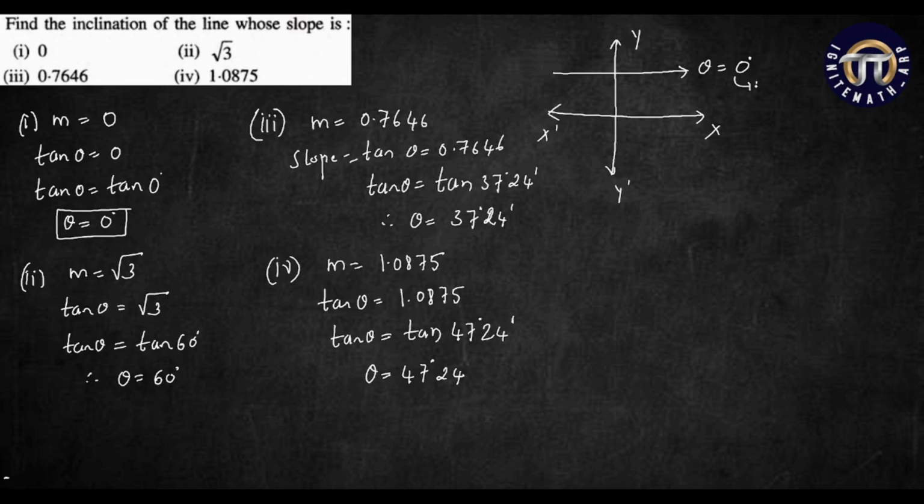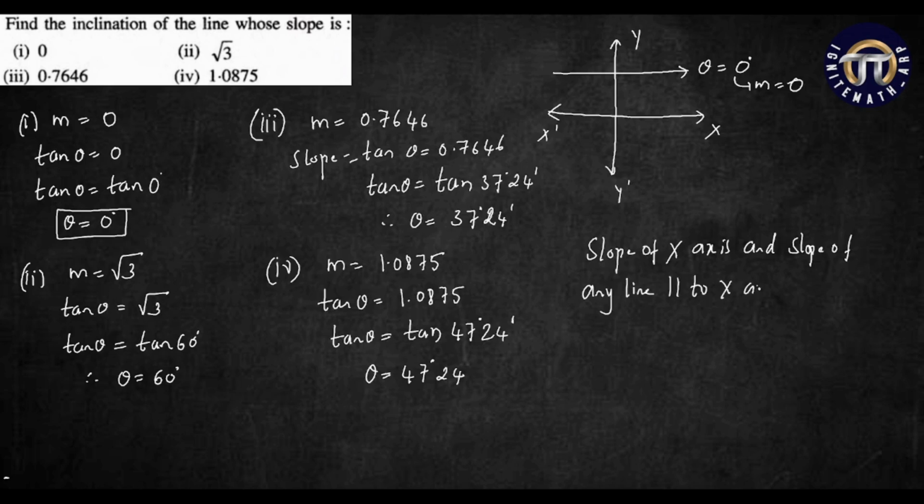Then slope of this line will be 0. So I can say that the slope of x-axis and slope of any line parallel to x-axis is always 0.